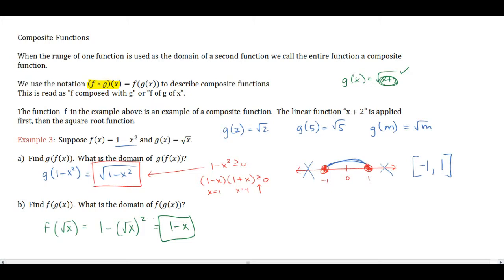The other thing you want to notice too here is this one is just a line. It has no restriction on the domain. So you would think your domain is all real numbers, but you would be wrong. The reason being is because it was created from this function, right? And this function still holds true.